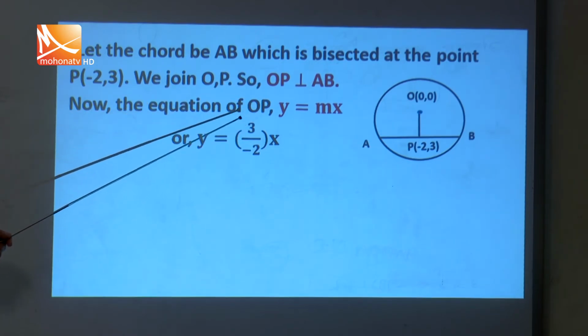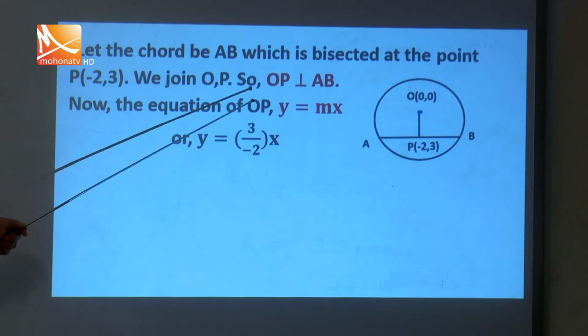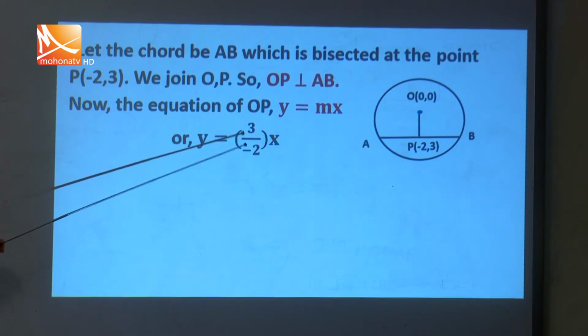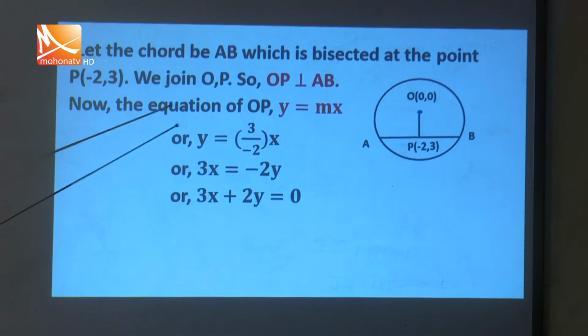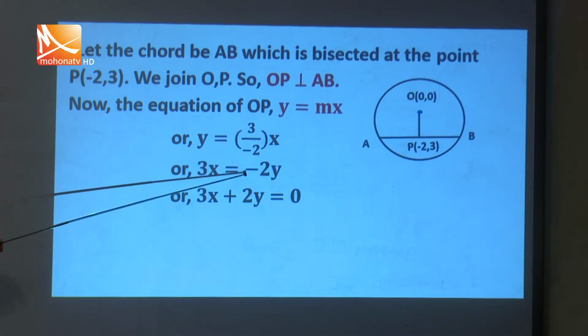Here m is the slope of the straight line. Since this line passes through the origin, m = y1/x1, where y1 is 3 and x1 is -2. If we make the calculation, 3x = -2y, or 3x + 2y = 0.